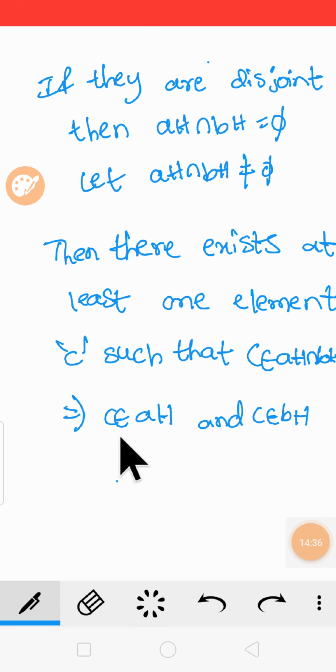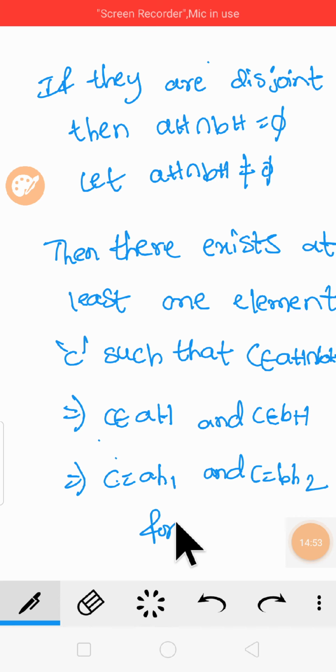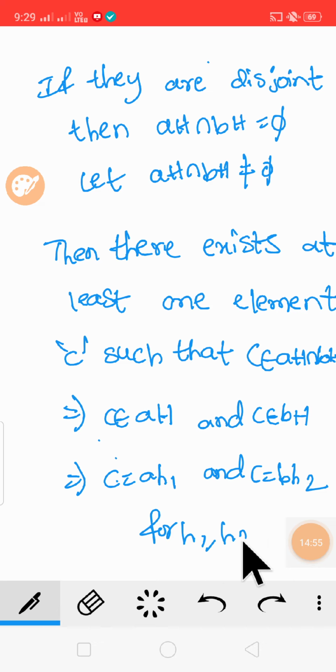So c equals a h1 and c equals b h2 for h1, h2 belonging to H.